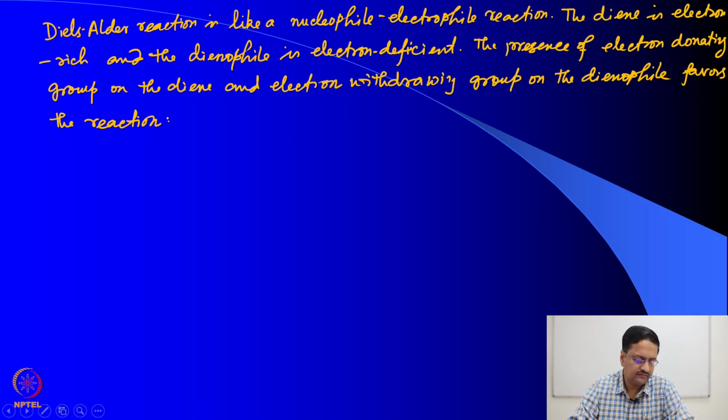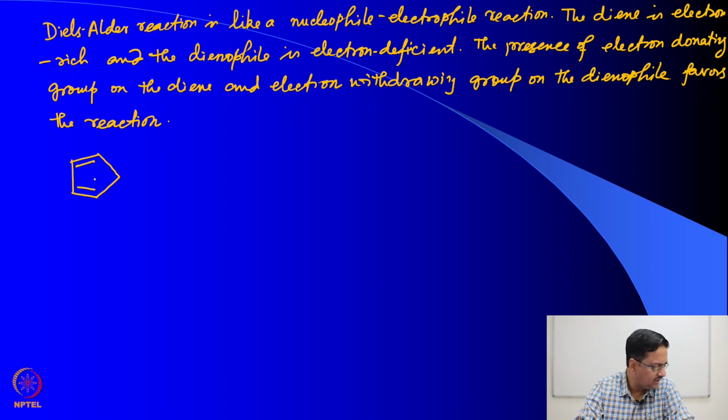So let us see this with a few examples. Suppose we have cyclopentadiene and we are treating this with a compound which has a CC triple bond and has the ester group on each of those carbons connected to the triple bond. So the cyclopentadiene is called the diene here, and this diester is called the dienophile.